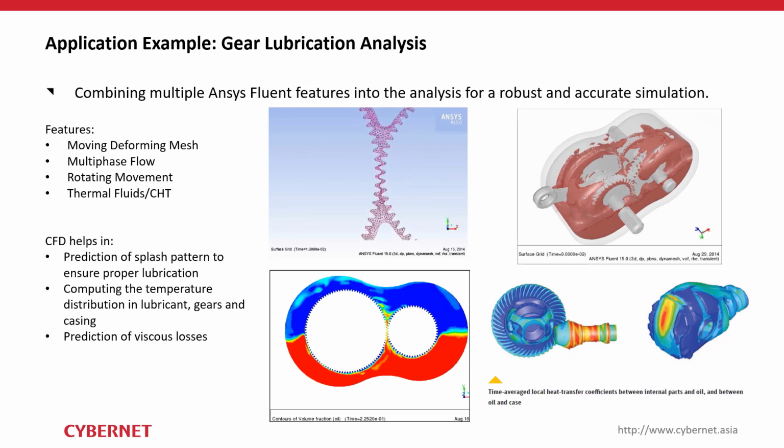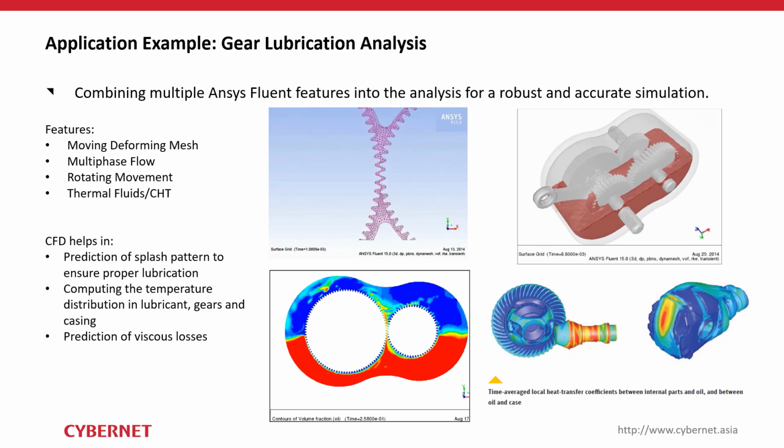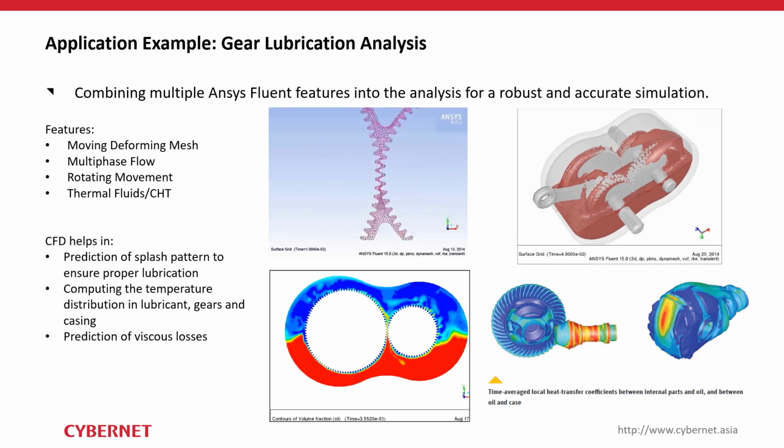You can also evaluate the viscous losses inside the fluid as well. So again, this is one of those applications which require a lot of functionality from CFD analysis, not only for fluid flows, but also features that help to get a more accurate result, like a moving deforming mesh or multi-phase flow, for example.